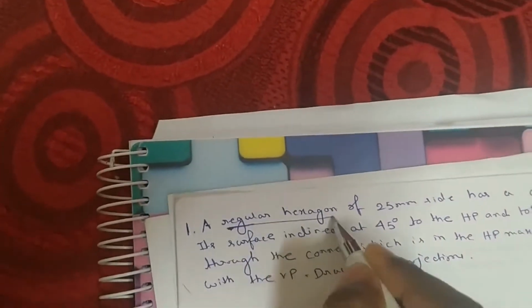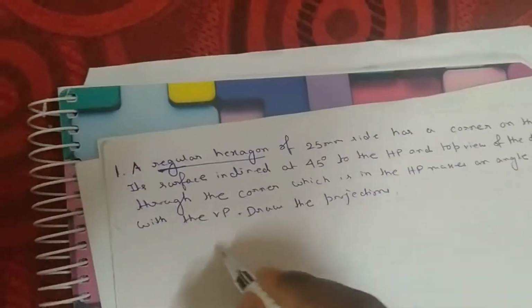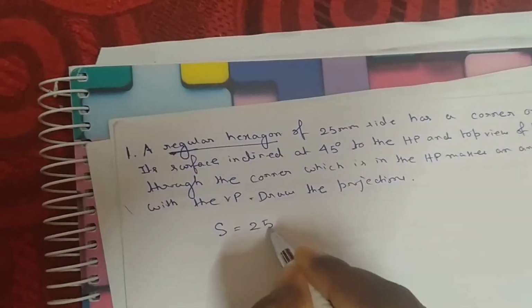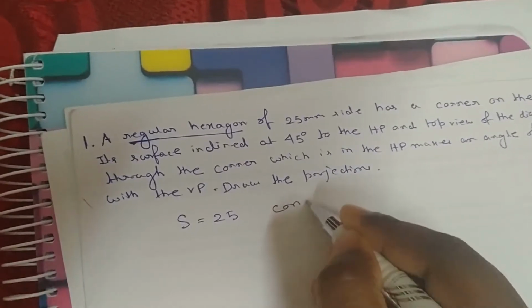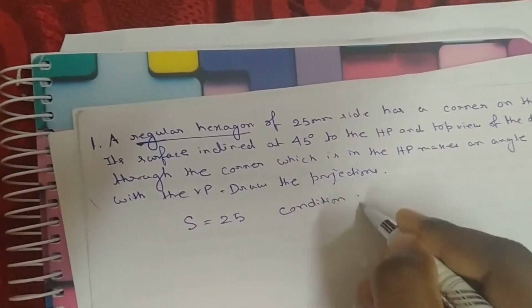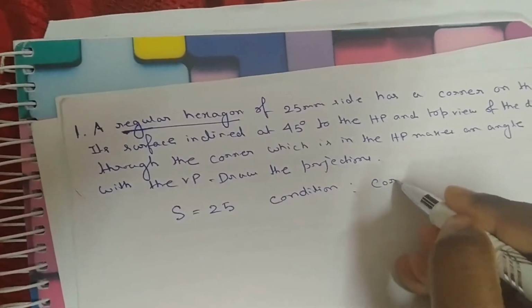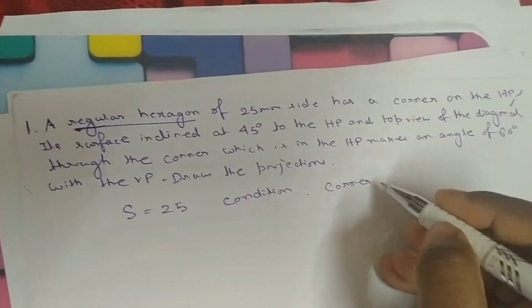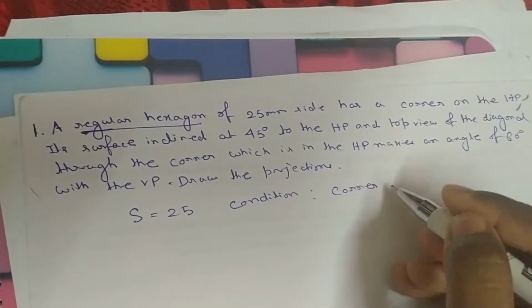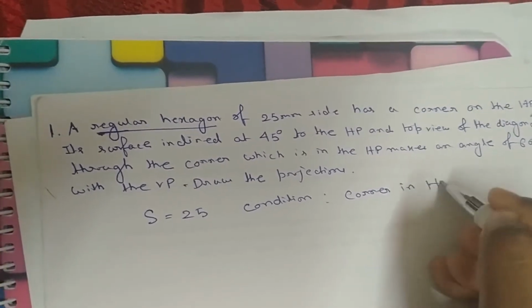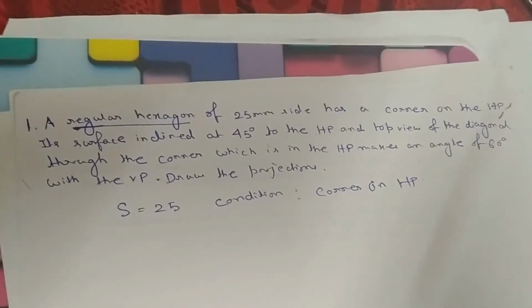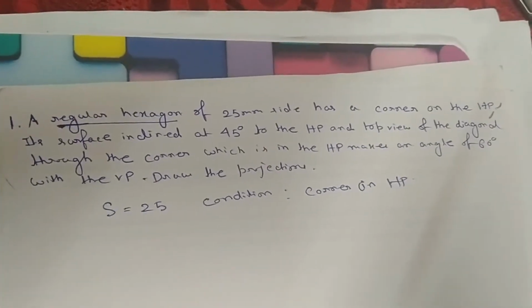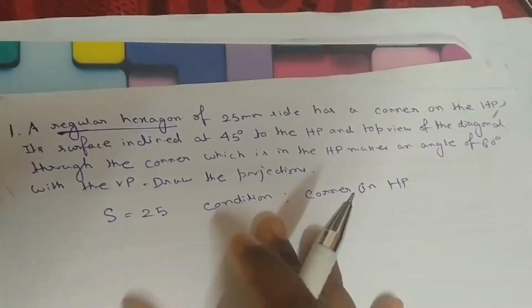So the problem is saying it is a regular hexagon and the side is 25 mm, and one more condition is given: a corner of it is on HP and its surface is inclined at 45 degrees to HP.